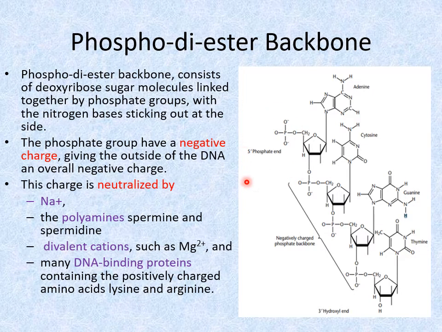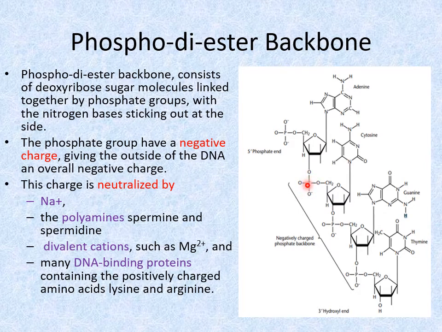Now, if we talk of the basic structure of the DNA, we know that there is the phosphodiester backbone, and from it the nitrogen bases stick out. This phosphodiester backbone is basically negatively charged.